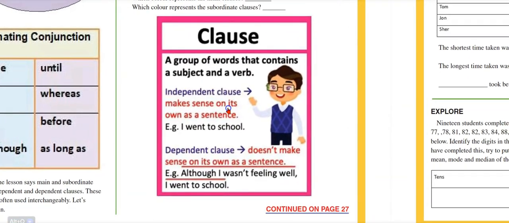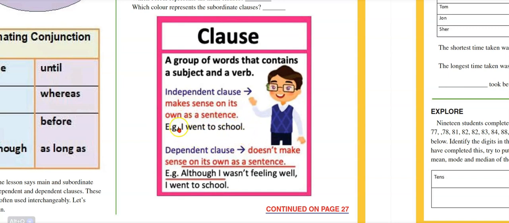Here we have a little box, I guess a fact box if you want to call it that, from one of our previous lessons on text features. Clause, a group of words that contain a subject and a verb. Independent clause makes sense on its own as a sentence. For example, I went to school. So we have the subject and we have a predicate and it stands on its own.